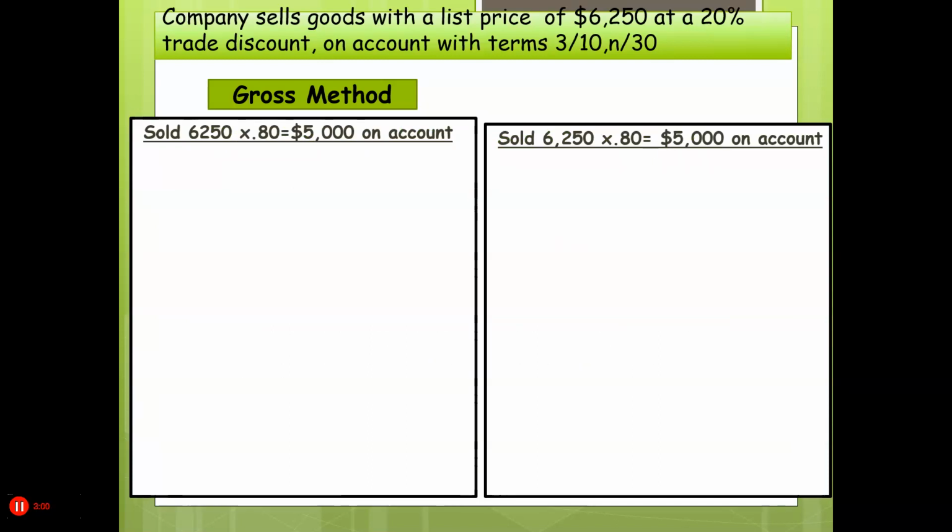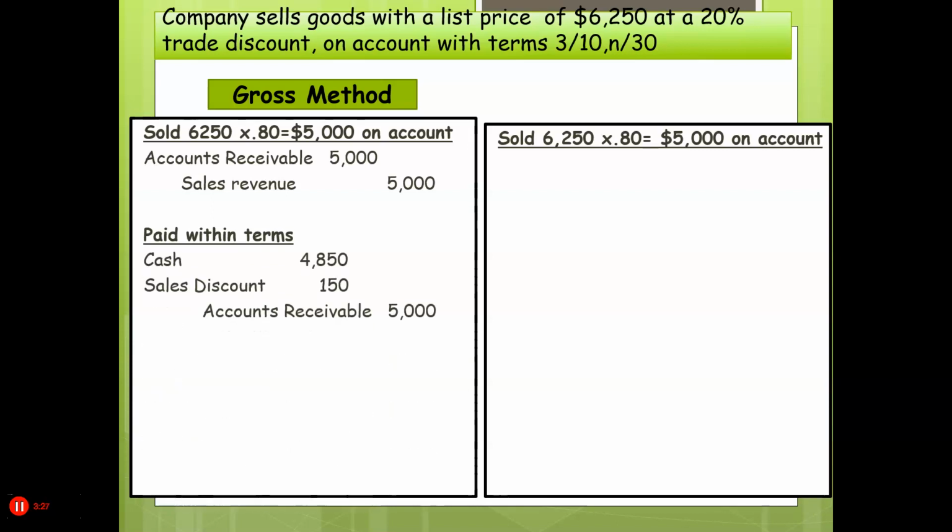So here we go. Under the gross method, the company bought something with a list price of $62.50, but they got 20% as a trade discount. So this is what it would look like. We would show the $5,000 at the point of sale, and we paid within terms.